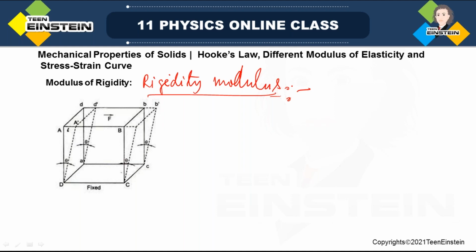We have seen that if you apply a force tangentially to the surface of any object, then the upper portion and lower portion will be displaced a little bit from each other. That is called shearing stress, and modulus of rigidity is shearing stress to the shearing strain. Look here, what is shearing stress and what is shearing strain and how to calculate, we'll write down here.